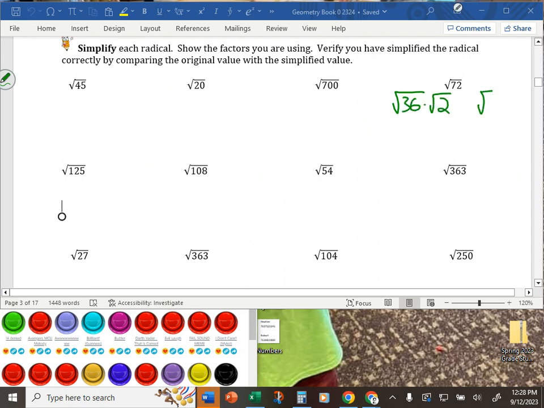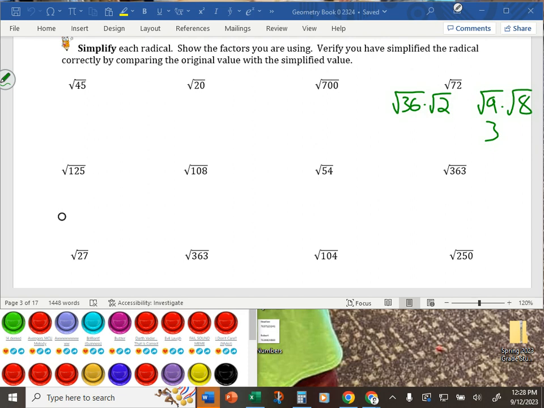Okay. Could you use 9 and 8? Yes, you could. The root of 9 is 3, but what can we do with that 8? 4 and 2, right? Whereas this root 2, there's nowhere else we can go with that. There's no other perfect square factor that goes into 2.